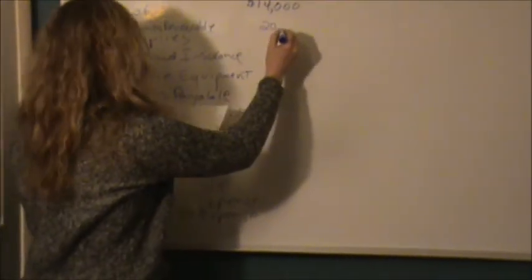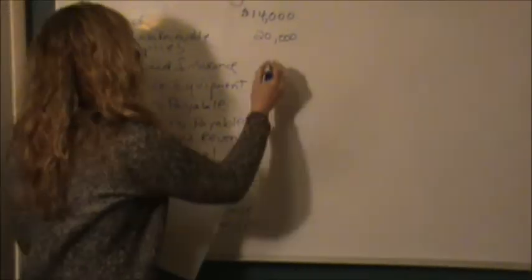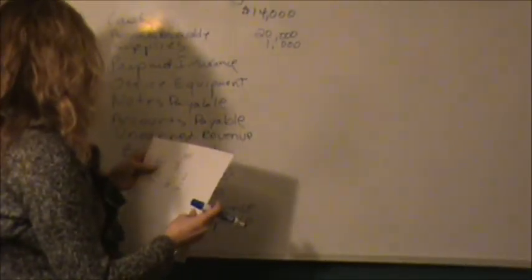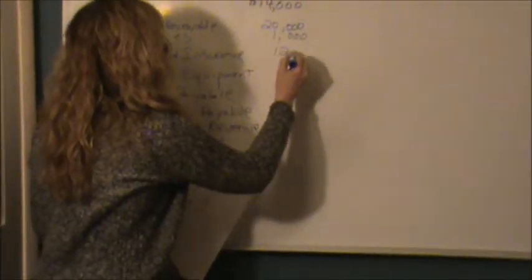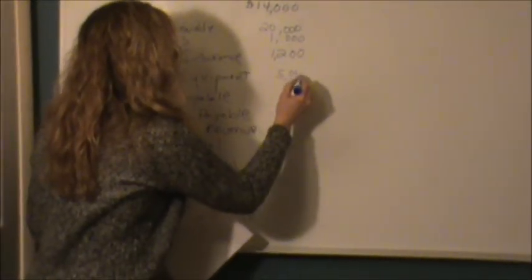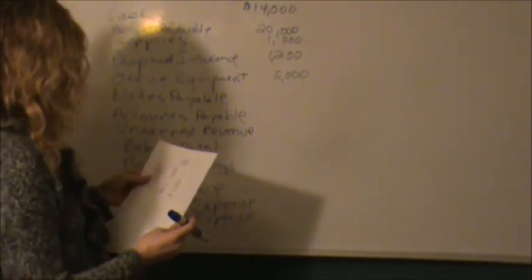Our accounts receivable, $20,000. Our supplies are $1,000. Prepaid insurance is $1,200. And our office equipment is $5,000. And those were all debited, right?